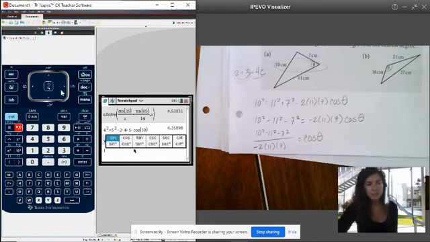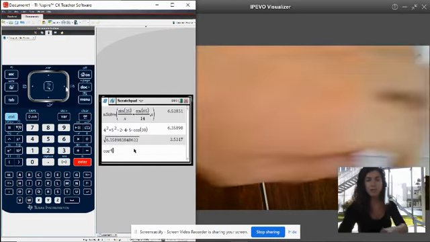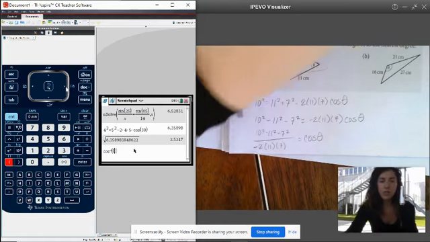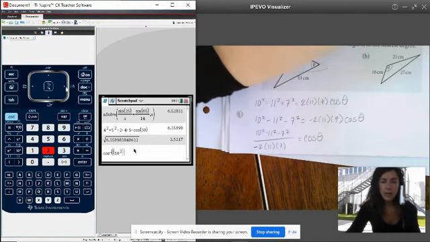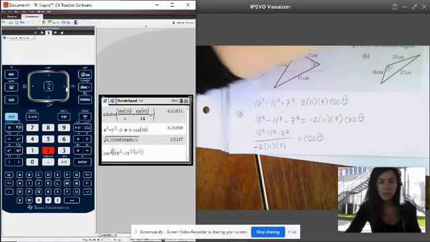So trig, scroll down and over to your inverse trig, and I'm going to do a parentheses for the numerator, 10 squared minus 11 squared minus 7 squared.